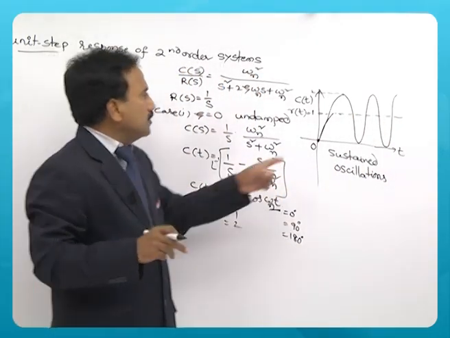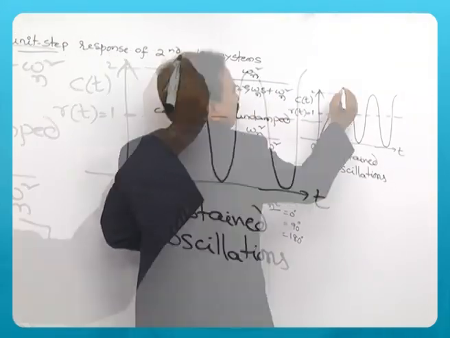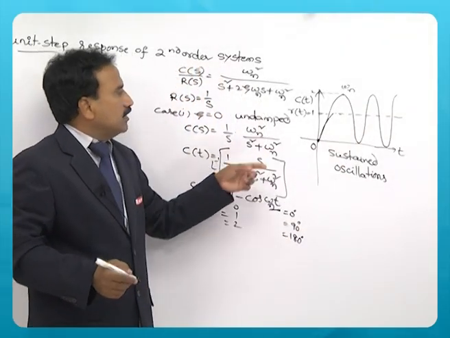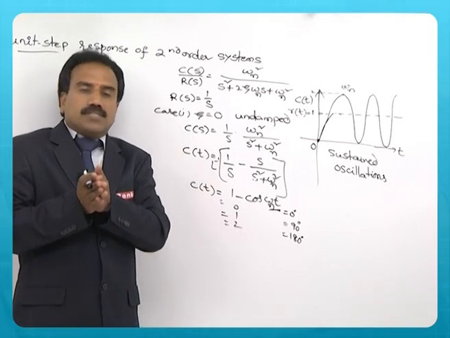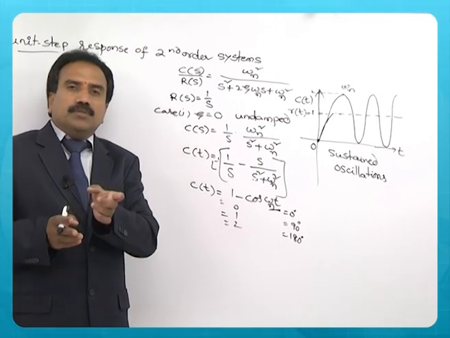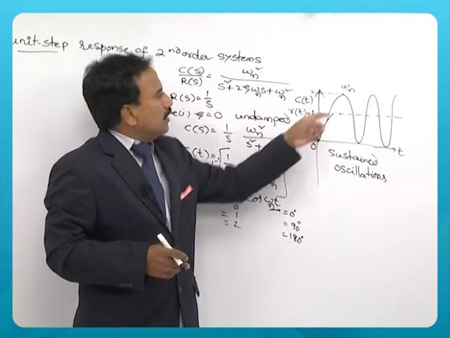It has oscillations, and those oscillations will continue with a frequency of omega n. That omega n is nothing but the undamped natural frequency.